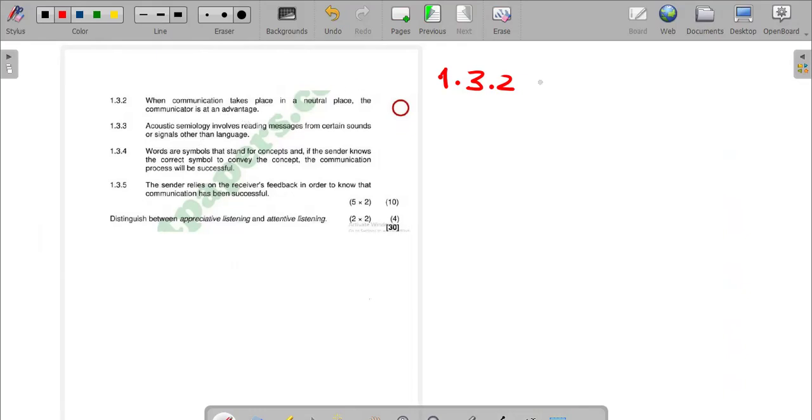Neutral place is a place where neither the sender nor the receiver has information, right? The place is not familiar to both the sender and the receiver. So here there is no one at an advantage, right? So that's false.